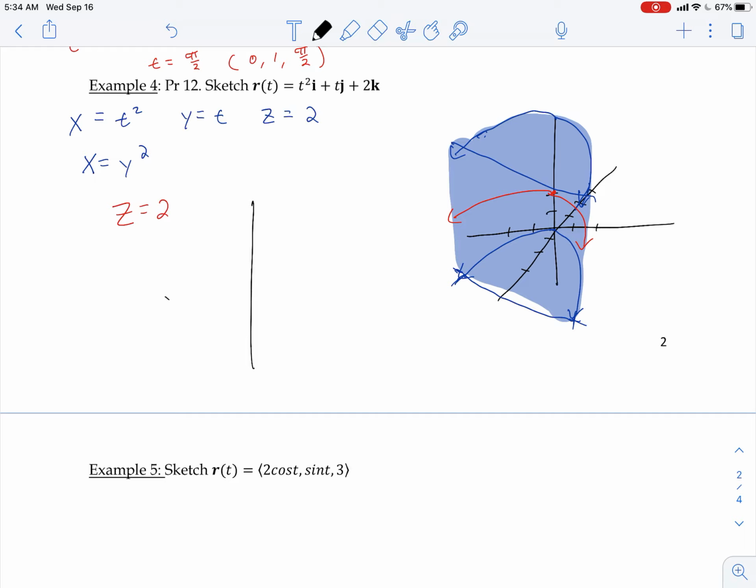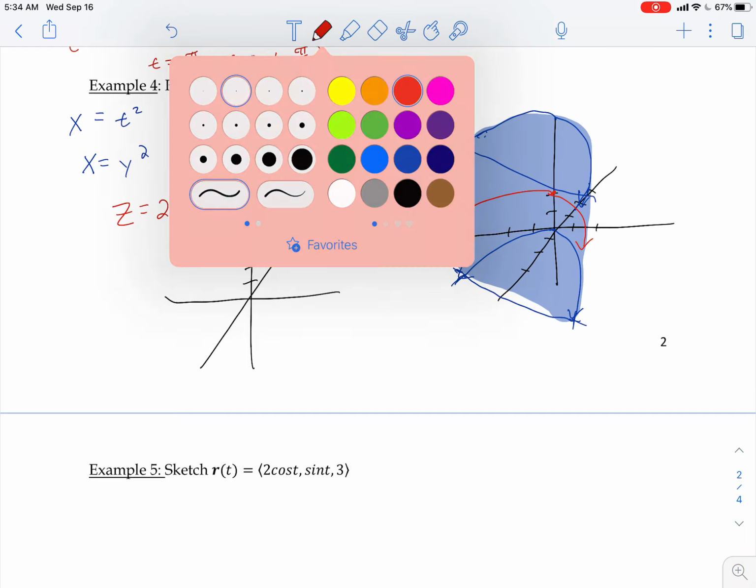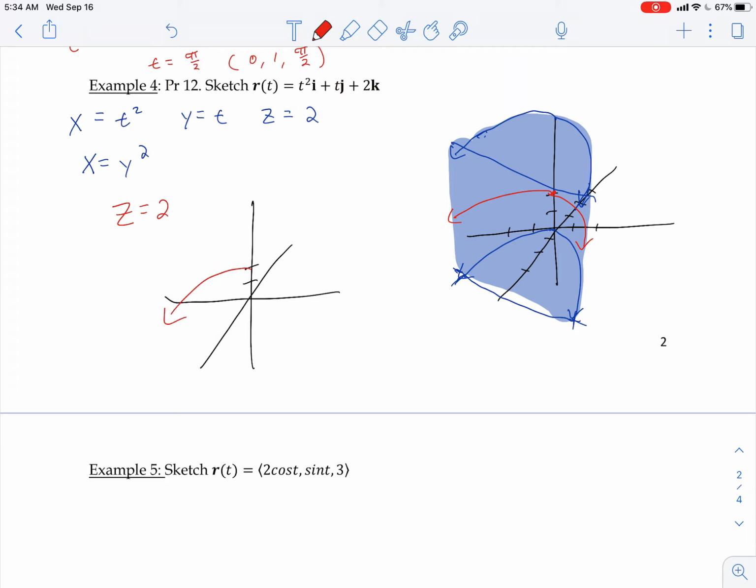Again, you did not have to draw the cylinder. You could have simply gone up 2 and done it this way as well.